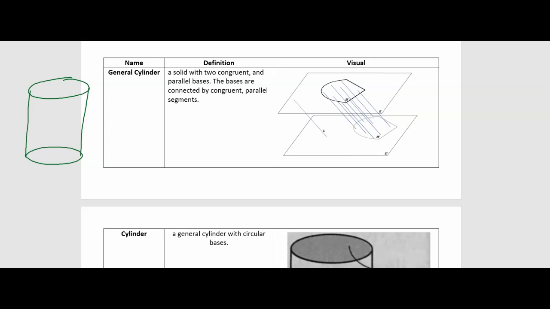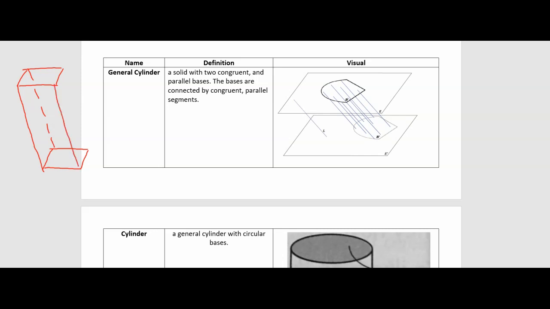So basically, I can have whatever shape I want for my bases. Right? I could even have something like this. You may think, Mr. Fawcett, this isn't a cylinder. Well, by definition, though, I have two bases that are the same, that are congruent. In this case, they look like rectangles.